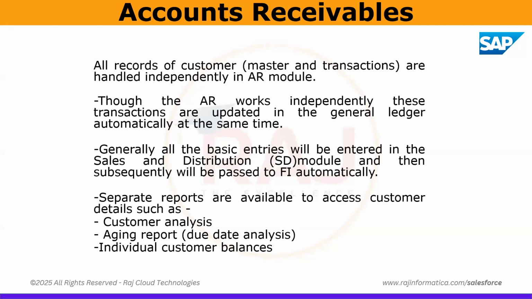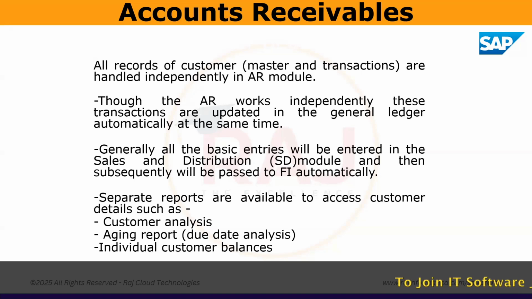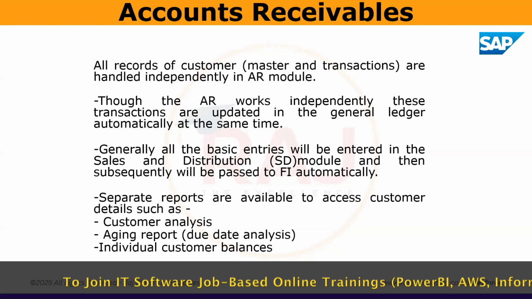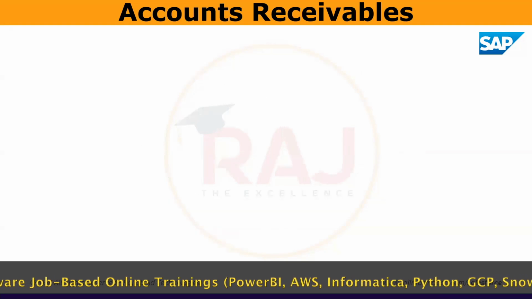So we try to cover both account receivable related postings from the FI point of view and SD as well. And separate reports are available for accessing the customer details such as customer analysis, aging report, individual customer balances. All these reports are available for tracking.